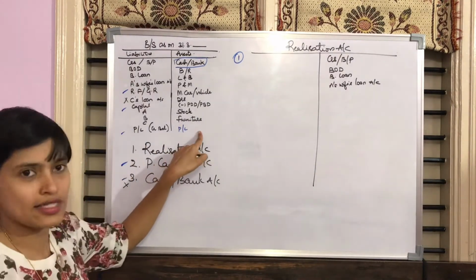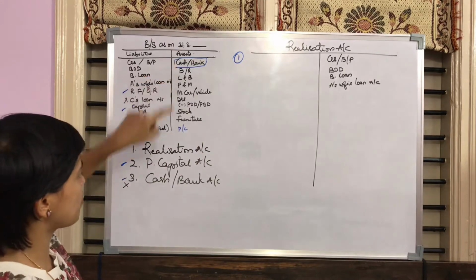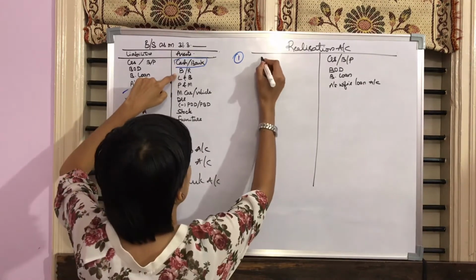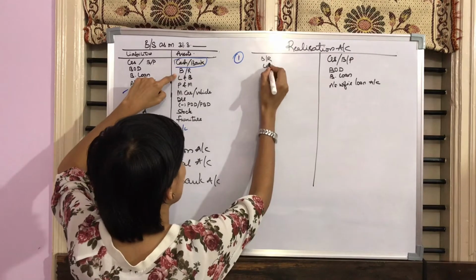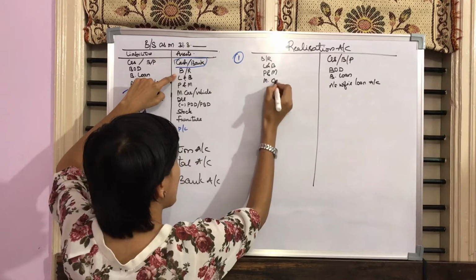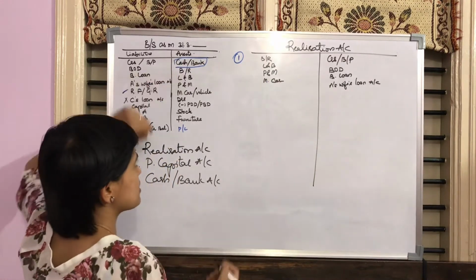Now on the assets. The first item is cash or bank, which will go to the cash or bank account. The remaining items like bills receivable, land and building, plant and machinery, motor car or any vehicle the business is having.